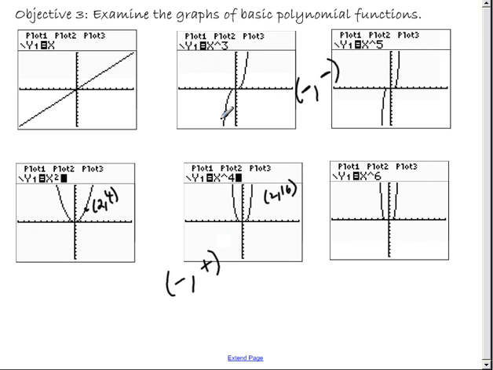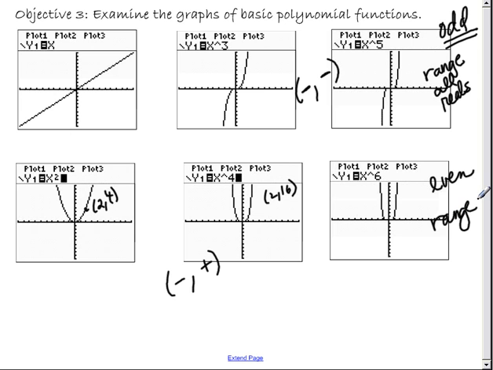So some things to look at. Do you notice the graphs for x, x cubed, and x to the 5th? That is when the power is odd. You're going to have the domain being all reals, which is definitely the case, but the range is also all reals. For even functions, what is the domain and range?